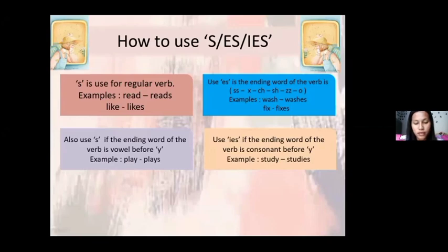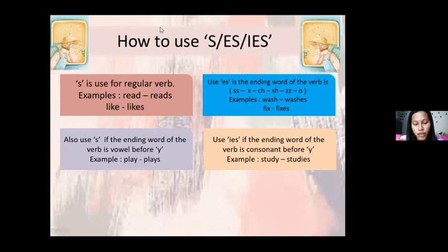So the reading is different when we add s at the end of the verb. Also use s when the ending of the verb is a vowel before y, for example, play or plays.